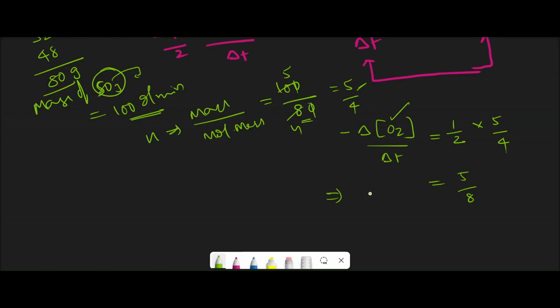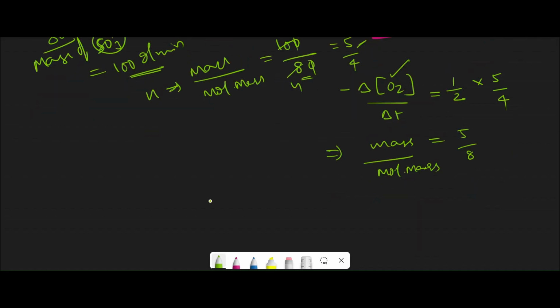Once again, the question is asking in terms of mass. So we have to convert this concentration into mass by using mass by molar mass. The disappearance of oxygen in terms of mass is the molar mass of oxygen, 32, times 5 by 8.